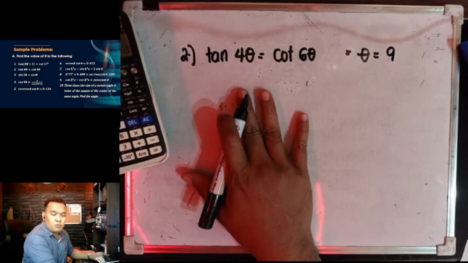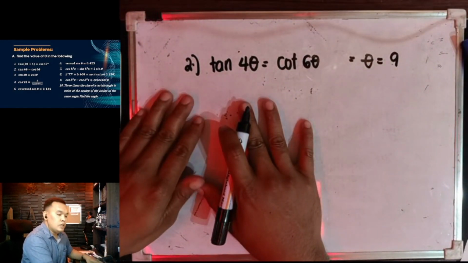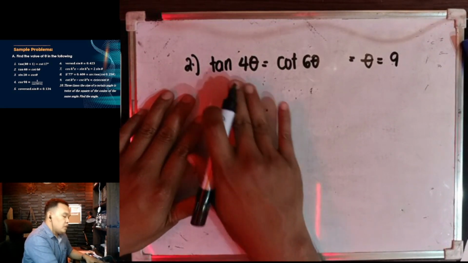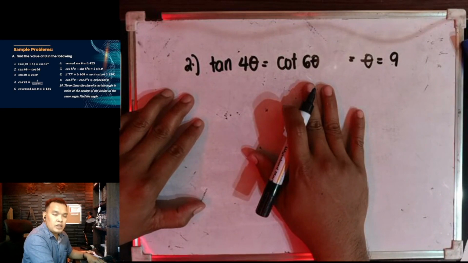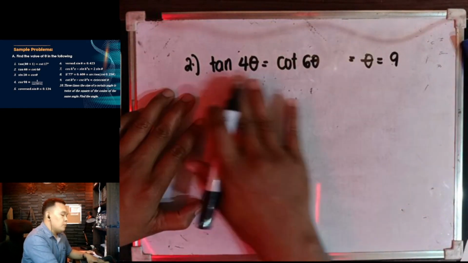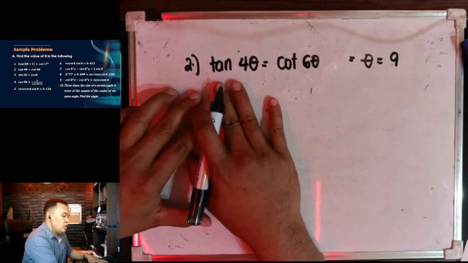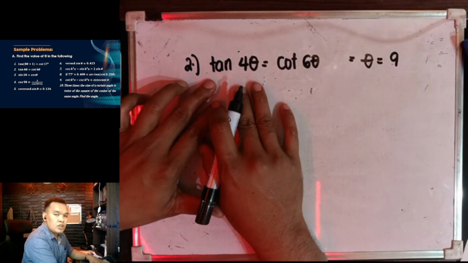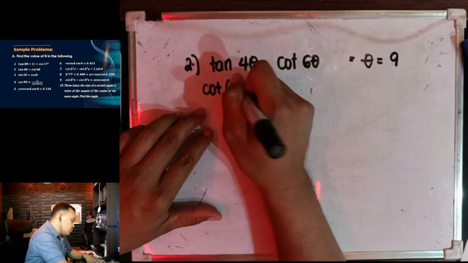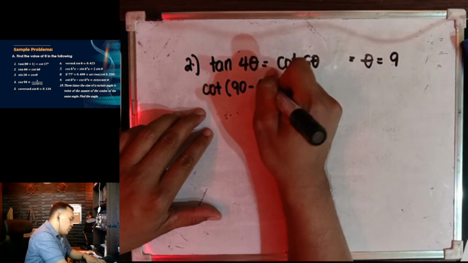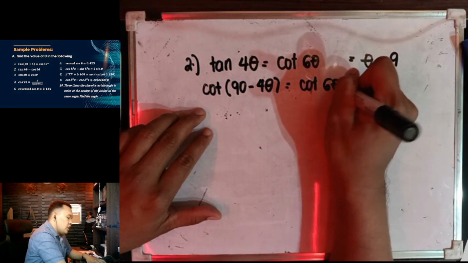So let's try to prove this equation na kung 9 talaga yung magiging value ni theta. Okay, so kung makikita mo, tangent 4 theta dito at cotangent 6 theta dito sa kabila. So we could use the co-function of this tangent, no? So, pag ko-function natin yung tangent 4 theta, pwede kong sabihin siyang si cotangent of 90 minus 4 theta is equivalent kay cotangent 6 theta.